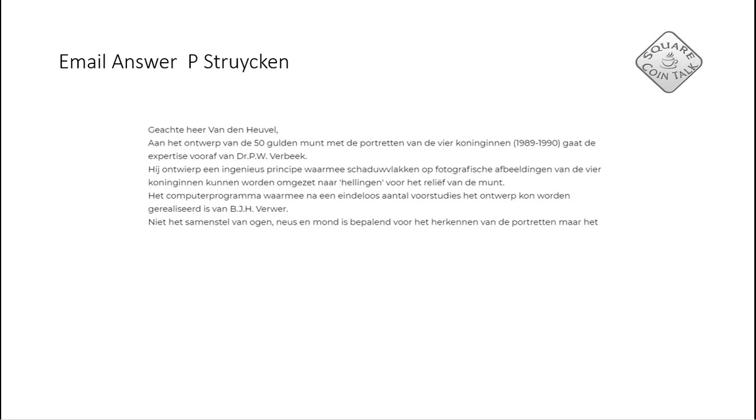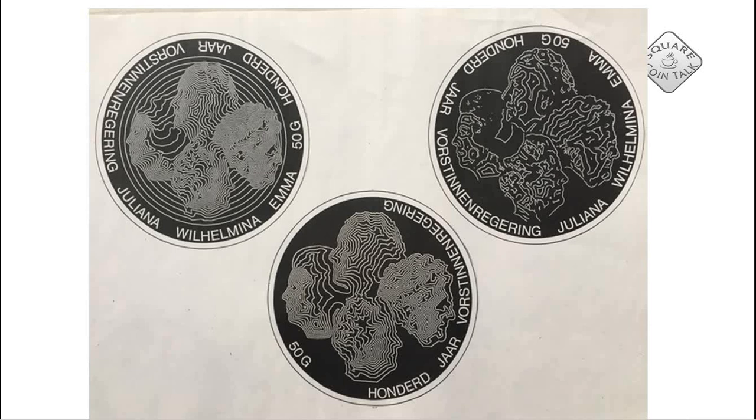He developed an ingenious principle where the shadow areas of the photographs of the four queens could be transferred into angles of the relief of the coin, and he made a computer program that is so essential that I can't say that I developed that coin."